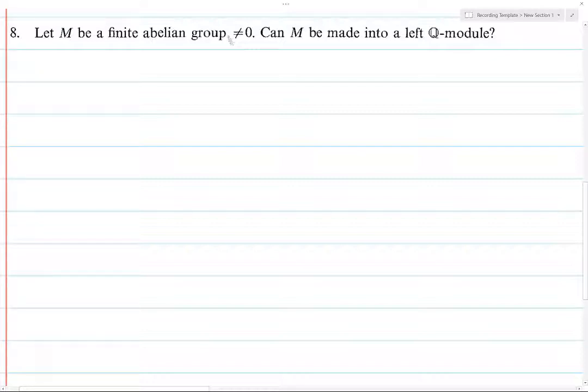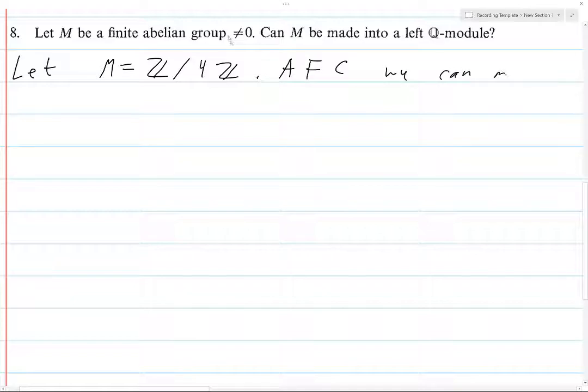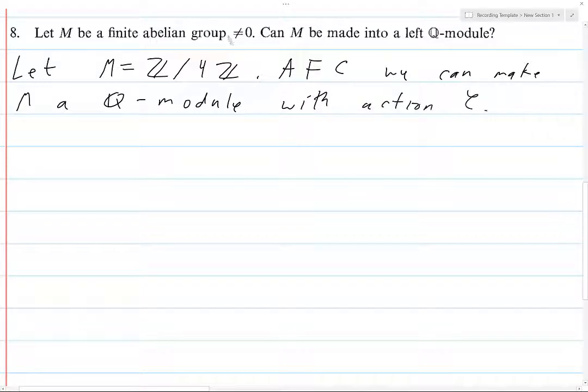So here's the proof. I think I have an idea of how you would come up with this, but anyways, you take M to be Z mod 4Z, and then assume for contradiction we can make M a Q-module with action phi.